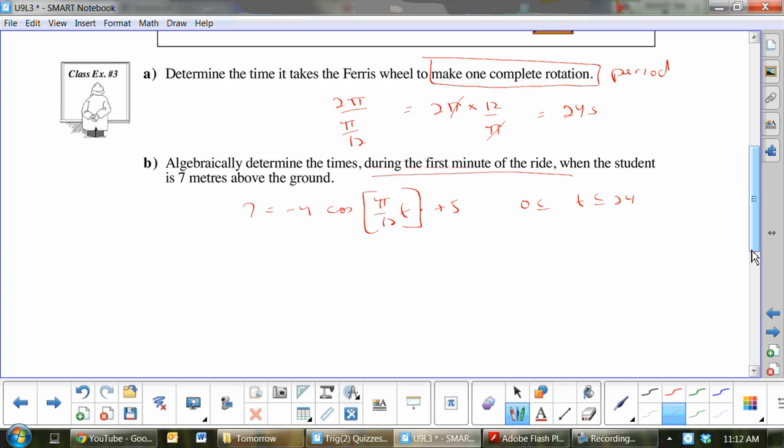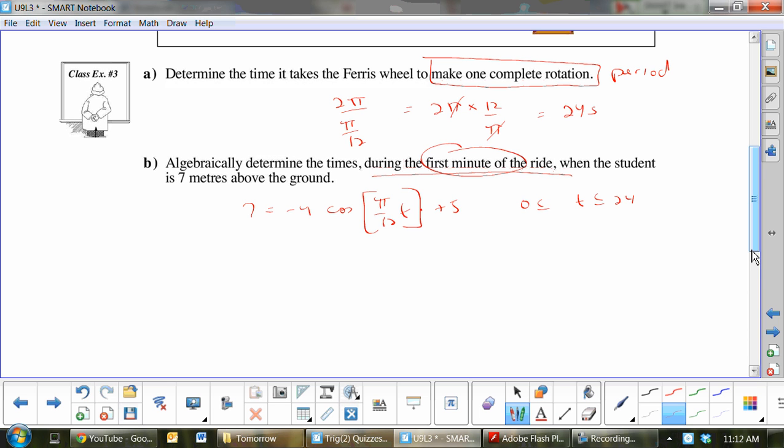Because it's only going to give us the 2. I'm going to be able to find the rest by doing what? Because why do I have to find more? Because it says in the first minute of the ride, how many times are you 7 meters above the ground? So this isn't going to cut it if I just put 2 answers down.